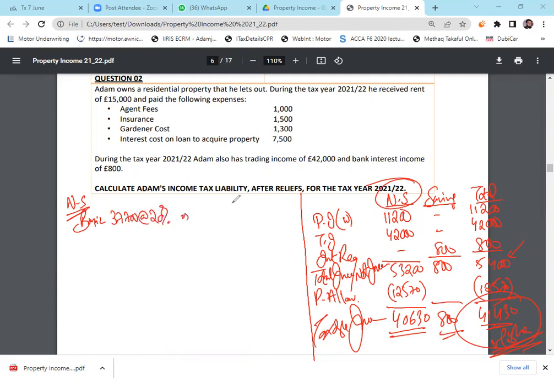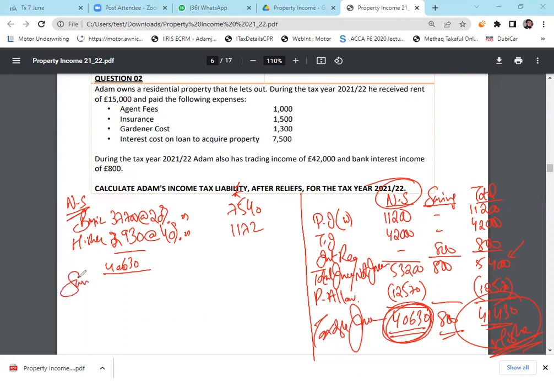We will get the answer of 7,540. And in higher, how much will it go? 3,730. Again, check. We are focusing on non-savings only. 2,930. 40%, how much? 1,172. Okay, savings. In savings, our non-savings is higher.